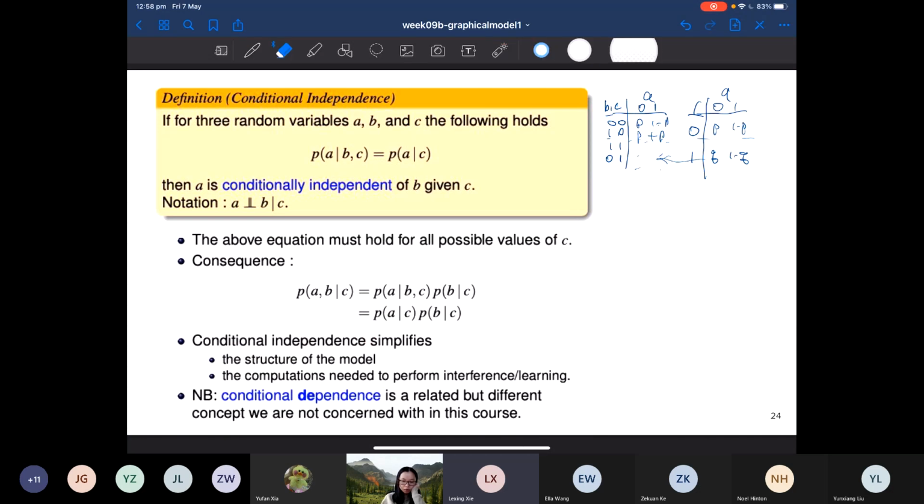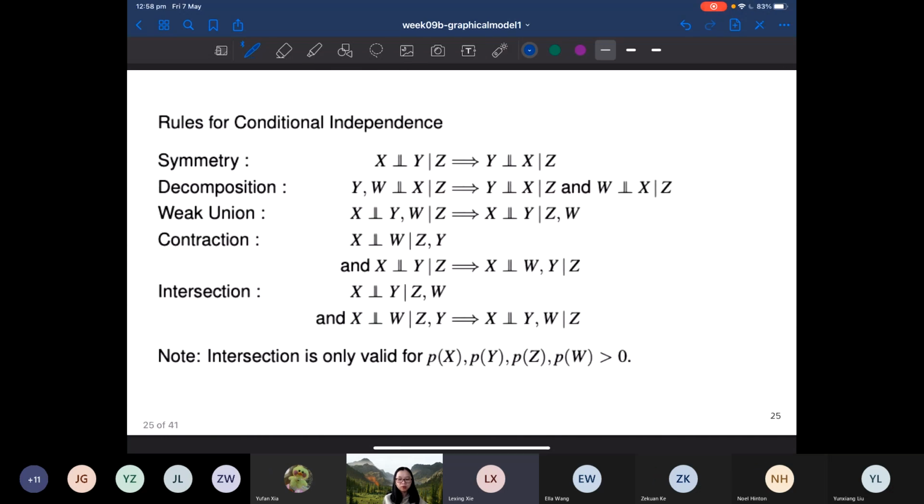The computation we needed to perform inference and learning has some savings, right? As you can see, this is, say, a 4x2 probability table, but this one is just a 2x2 probability table for binary variables. Again, we are talking about conditional independence and not conditional dependence.